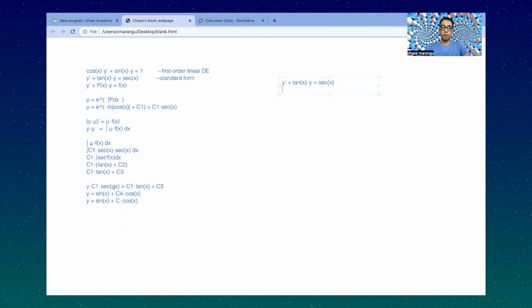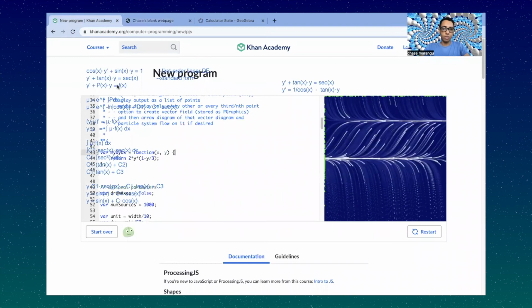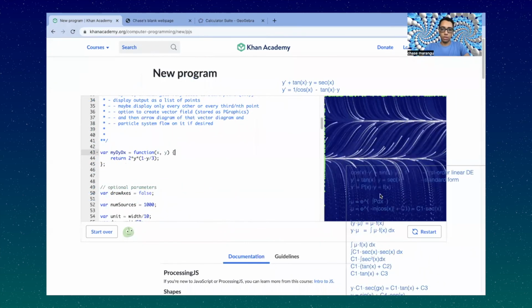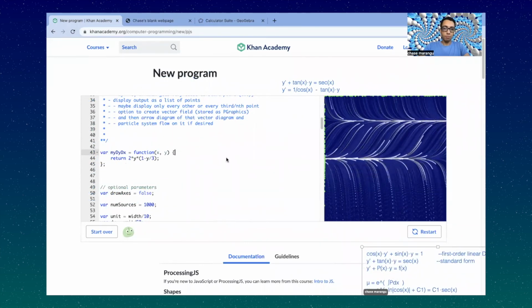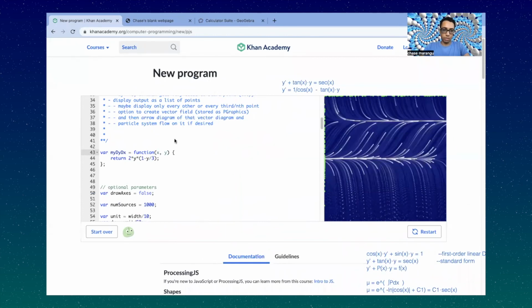Then if we rewrite this in terms of this form with the differential on the left side, we get y prime equals 1 over cosine of x minus tangent of x times y. And we have here a little differential equation plotter I coded using a little bit of JavaScript ProcessingJS. I don't want to delete all that text, so I'm just going to move it out of the way.